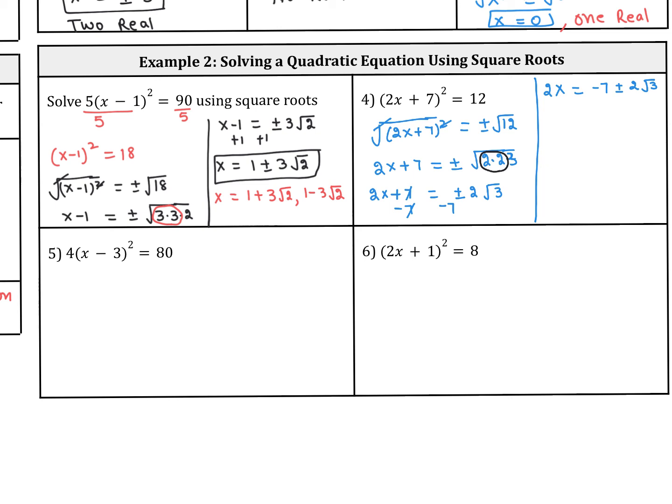So it means that you're going to divide by 2 on both sides. 2 and 2 cancel. X equals negative 7 plus or minus 2 square root 3 divided by 2.